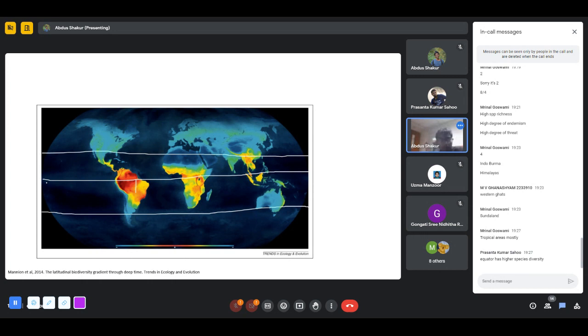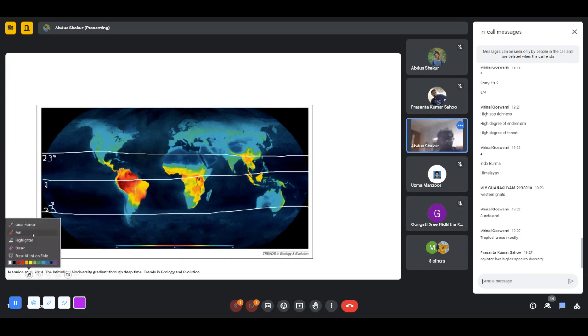The lower latitudes have higher diversity, the higher latitudes have lower diversity. That's why this pattern is called the latitudinal diversity or latitudinal biodiversity gradient. This is seen across all taxa, be it animals, plants, insects, fishes, frogs. Most of the taxa have this gradient.